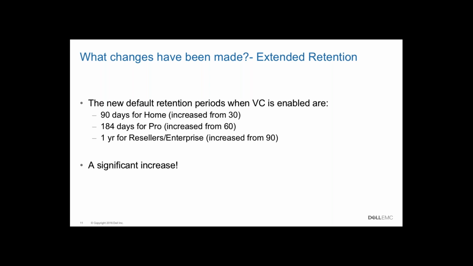And I think we can all agree that's a significant increase. By using version consolidation, we're able to give you, the end user, a lot more access to files further into the past. And you may think, well, I had 30 days, I would have had more versions of the file with the way things were done previously.